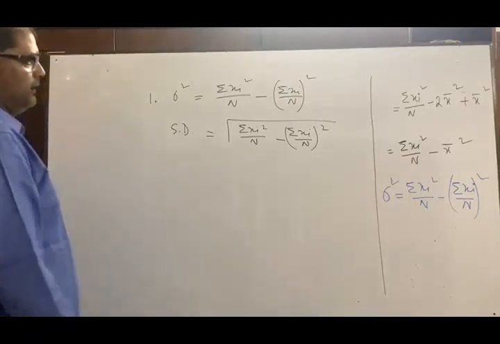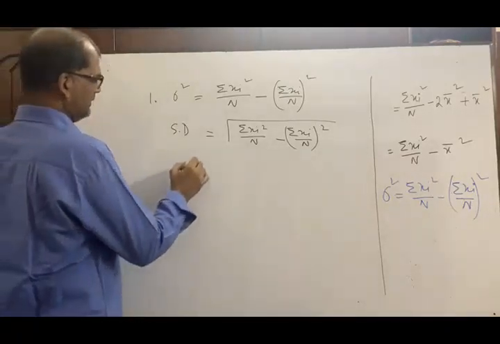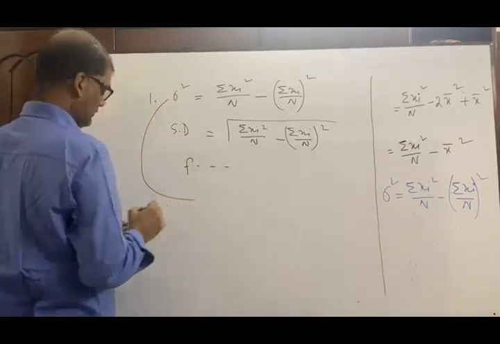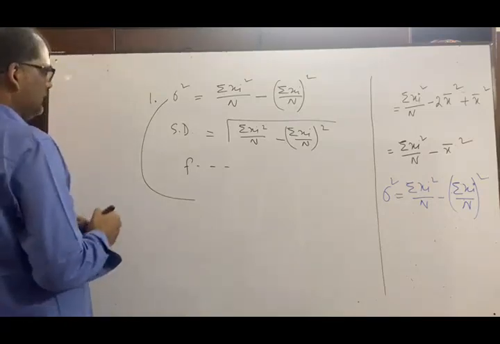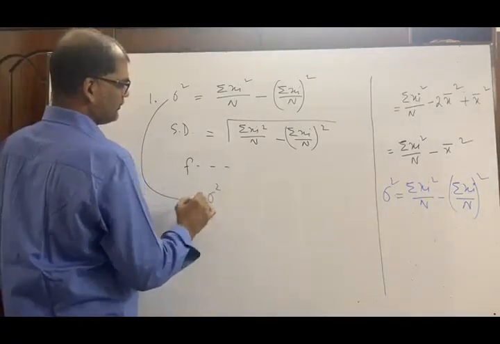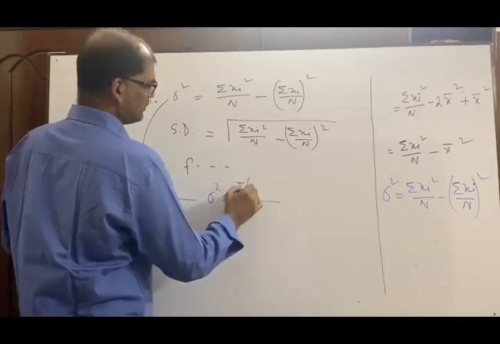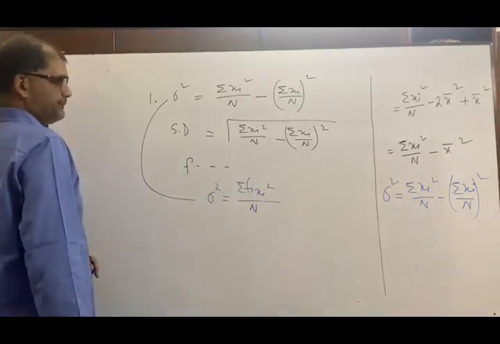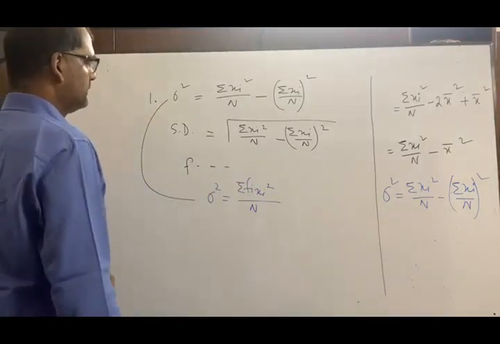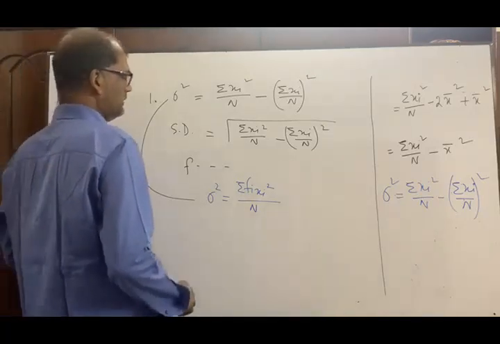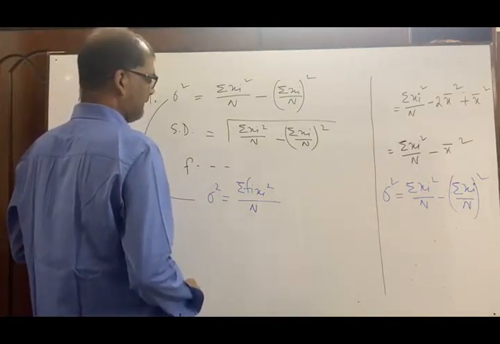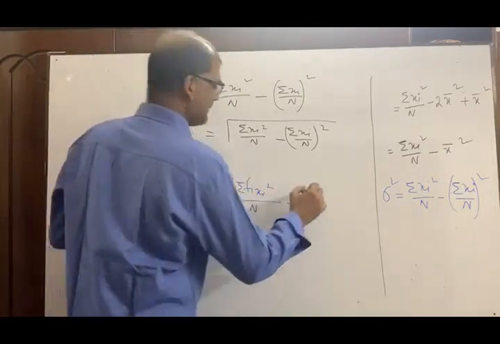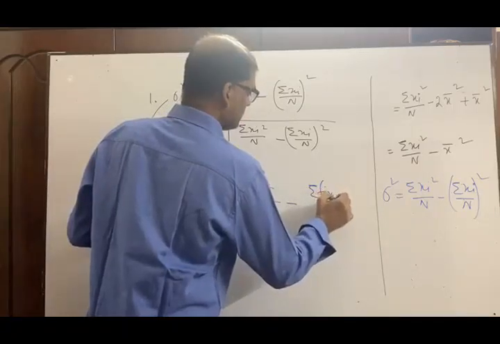Okay, if frequency is given, then we can write, suppose, sigma square is equal to summation of fi xi square by n minus summation of fi xi by n whole square.